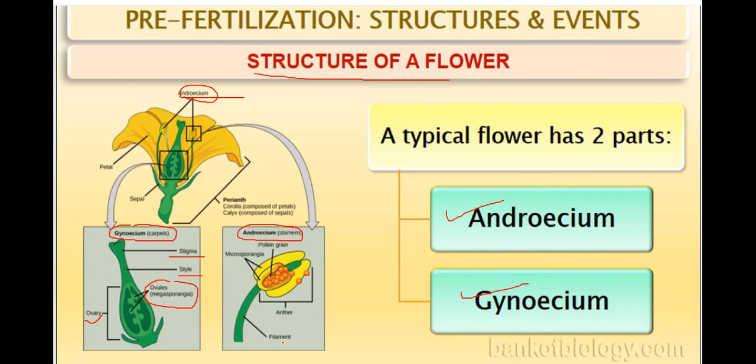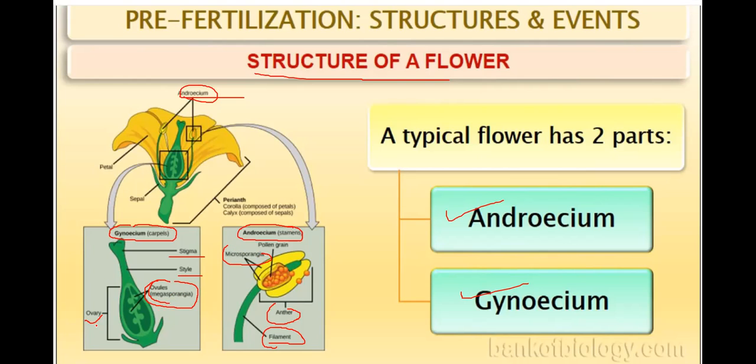If we see androecium or stamen, it is divided into two parts: filament, this is the filament, and anther. Anther is having microsporangia. Gynoecium is having megasporangia, and anthers are having microsporangia.